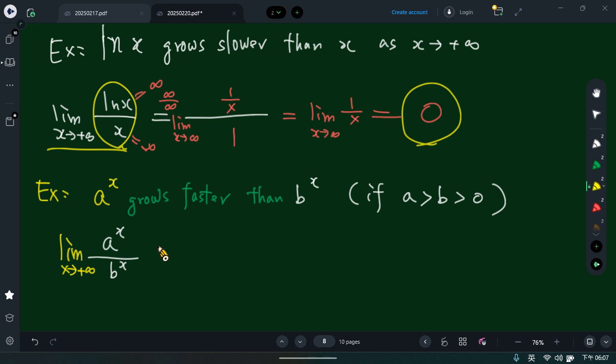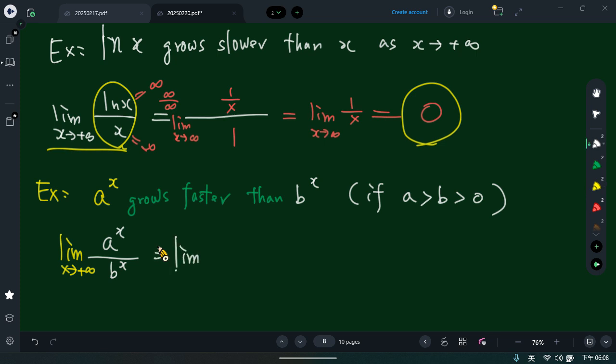If you want to compare these two functions, just use f of x divided by g of x, then take its limit. Let's see what's the result. If the result is positive infinity, then we will conclude this one is faster. But if the result is 0, this part is slower. Okay? So easy, right?